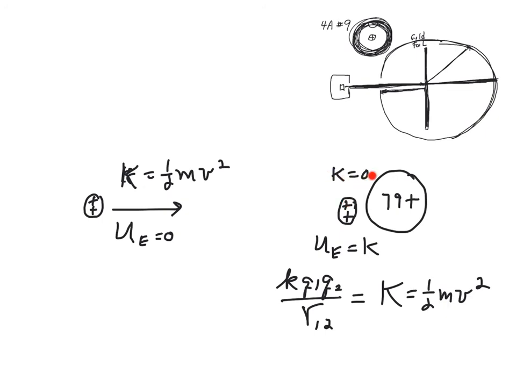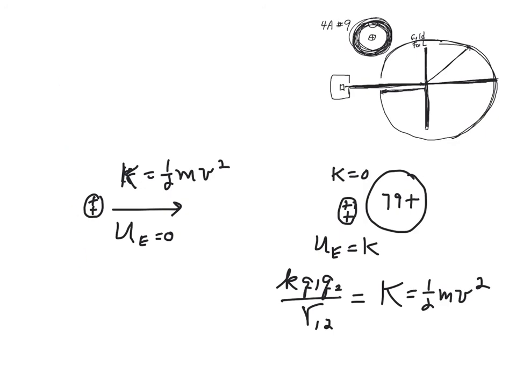So the kinetic energy has gone to zero. By conservation of energy, that loss of kinetic energy is now stored in the electric potential energy, kind of like a particle compressing a spring. Or think about a ball going up and reaching its peak where the kinetic energy turns into gravitational potential energy before it comes back down.